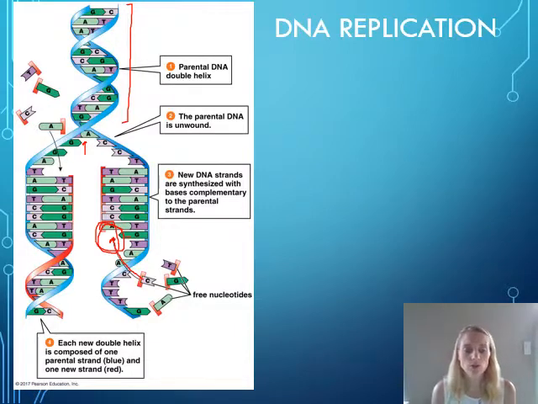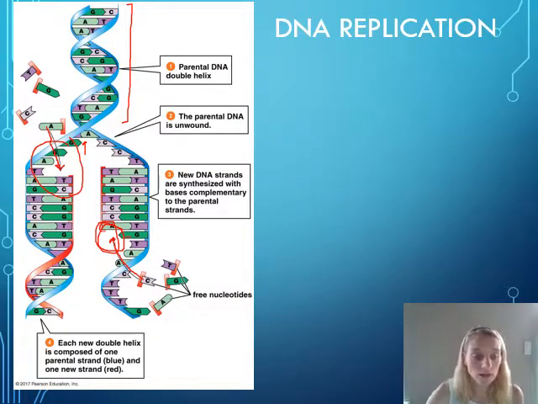New DNA strands are synthesized with bases complementary to the parent strands. And so you have it going on both sides. Here, if we see another one of those enzymes, my big red blob, if it's reading T here, then it's going to recognize that A has to go here. And if you take a look, we are identical. They're equal on both sides.